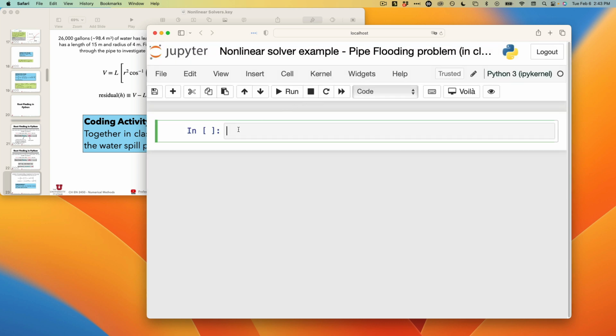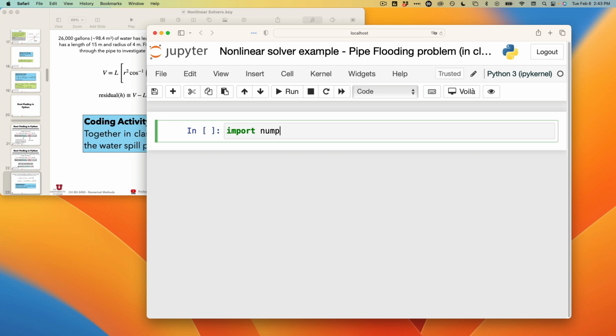All right, so I will get my usual boilerplate. We will probably need NumPy, because I would like to at least plot the residual function. We'll talk about that in a second.